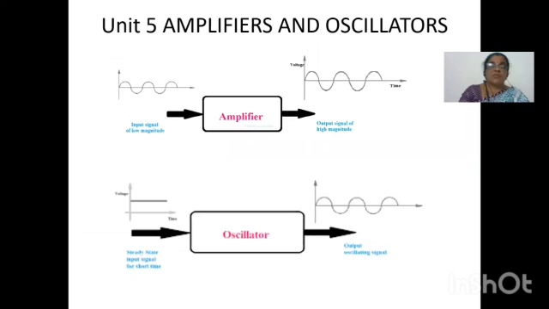After studying this, we'll be moving on to the fifth chapter where we'll be studying amplifiers and oscillators. As I said earlier, an amplifier increases the strength of a weak signal, whereas an oscillator produces the oscillations which are very much required for synchronization of various devices.